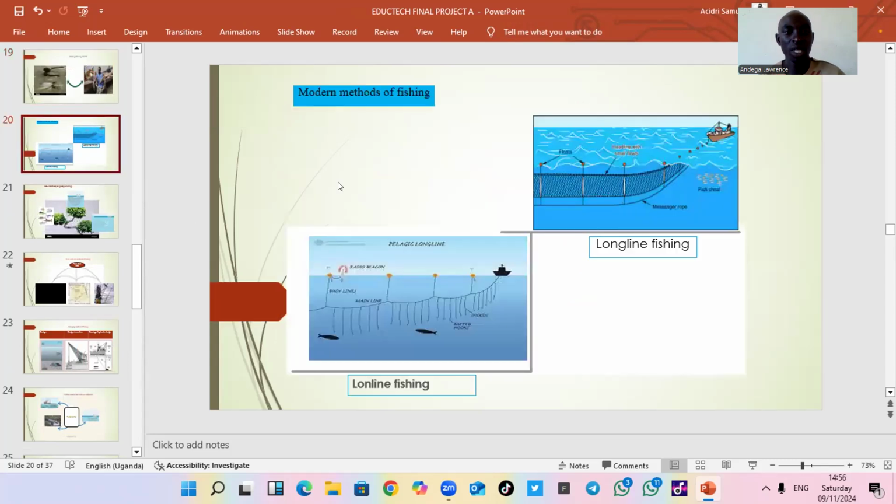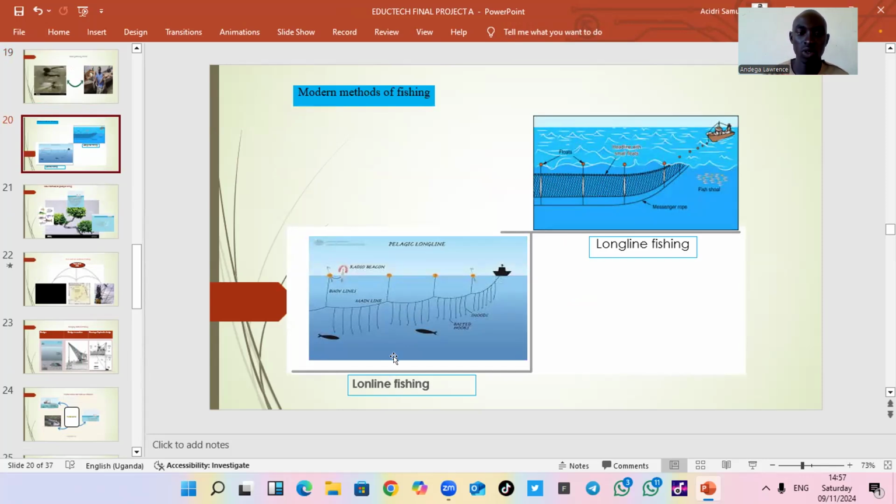So apart from traditional methods of fishing, we also have modern methods of fishing. Modern methods of fishing can be seen clearly by making use of these pictures here. We can see here there is a long line method whereby the net is put in two angles and it is strictly lined up.